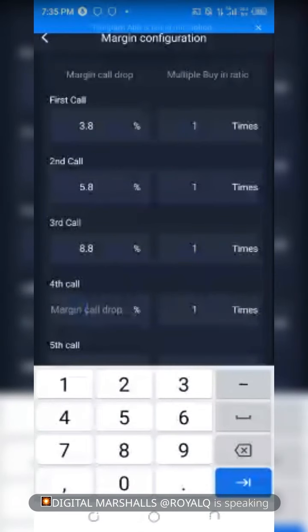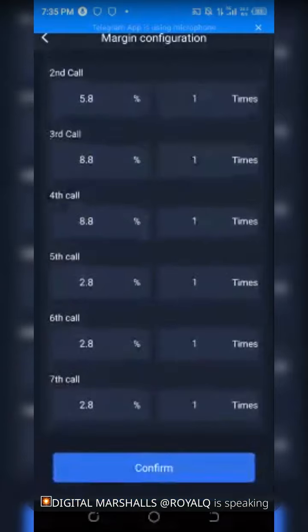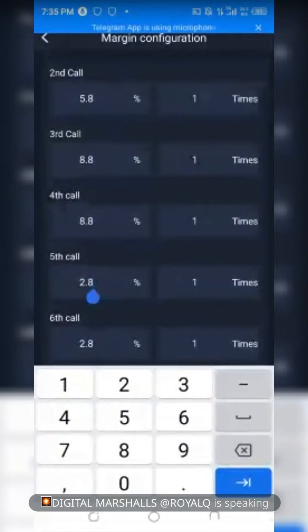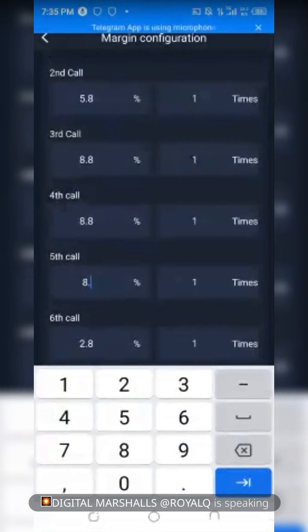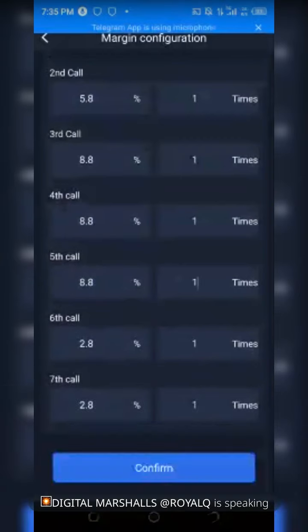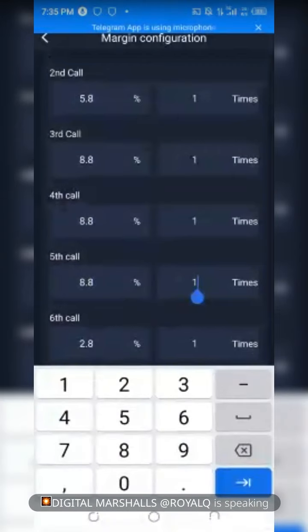So our fourth call to be 8.8. When you do it that way, you have peace of mind. Then our fifth call is 8.8, one time. So all these 1s mean $20, plus $20, plus $20, plus $20, plus $20. So you take your calculator and you keep adding it. The first buy-in amount is $20.